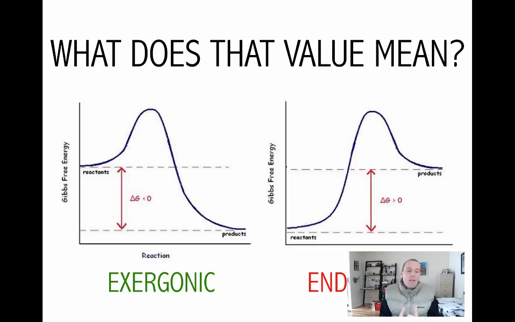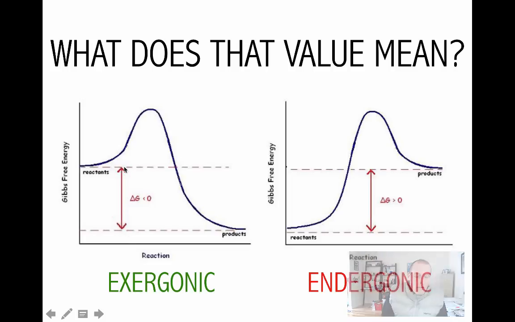Now, some people talk about exothermic, and we're not going to do that because that's what happens in physics and chemistry when heat is released. Exergonic, here we're talking about energy that can be released and harnessed to do work. So here, energy is going to come out. How much is going to come out? Well, it is this here less this here. That's what that value delta G being less than 0 is.